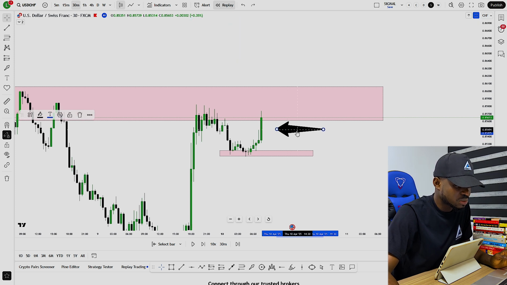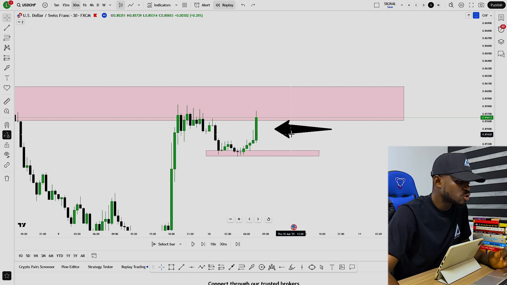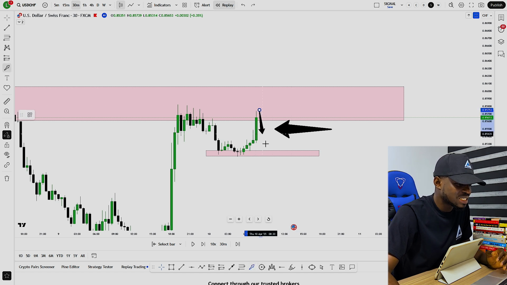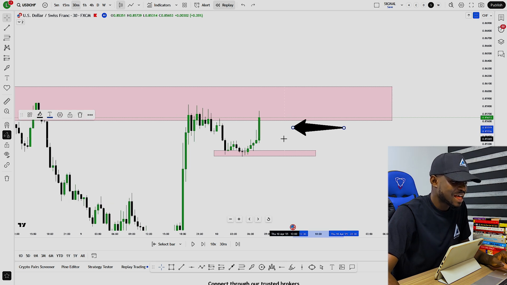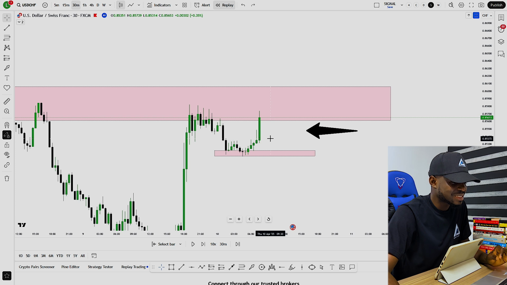We're not going to execute immediately because there are no signs of sellers ready to sell the market to the downside. So we have to exercise a lot of patience and wait for sellers to give us signs that it is time to take a sell opportunity.